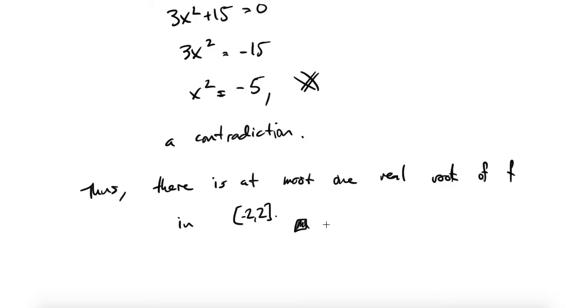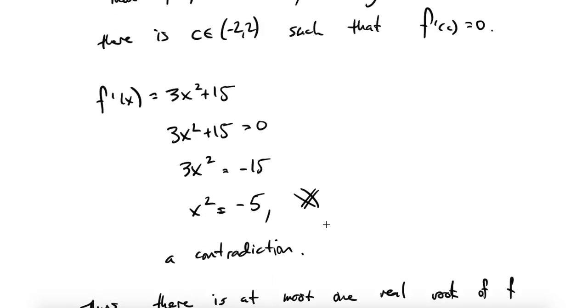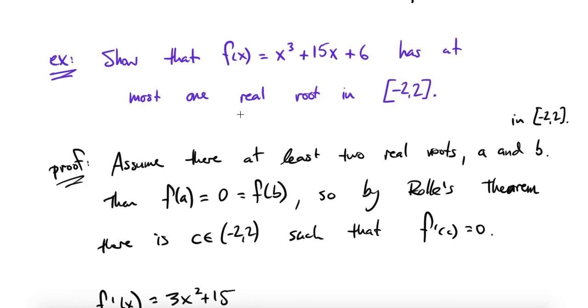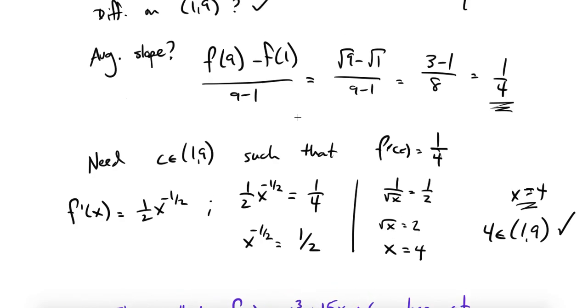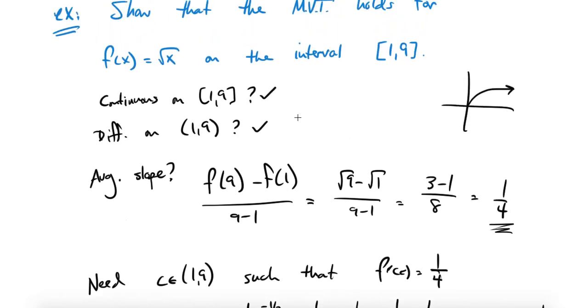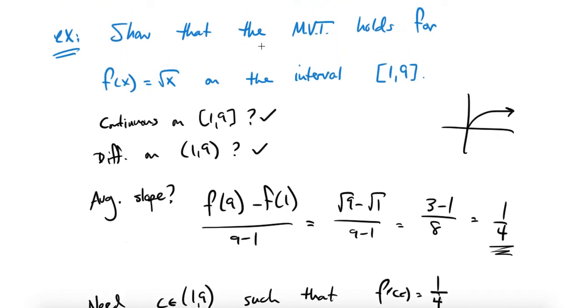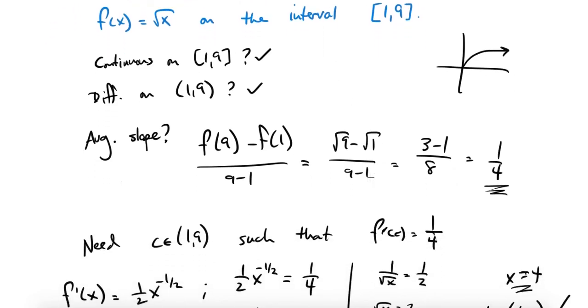So you can use the mean value theorem or Rolle's theorem to prove things in situations where it doesn't exactly look like you might need it. But usually for a standard calculus student, this is more like the type of problem you're going to be expected to work, to verify the conditions of the mean value theorem for some function on a specific interval. All right.